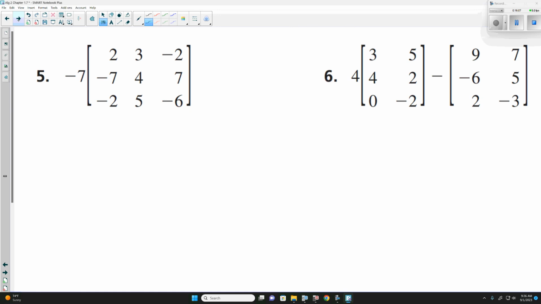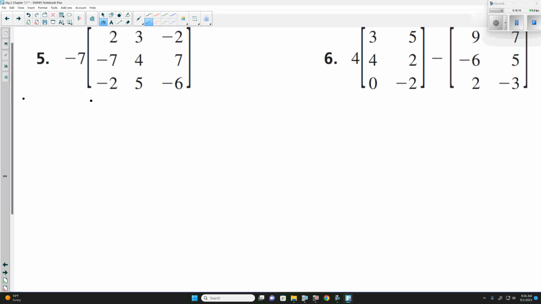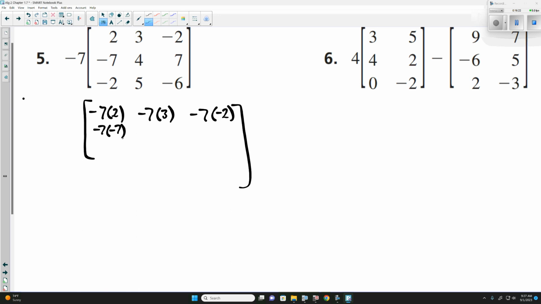So we're going to distribute and multiply this by negative 7. So we have negative 7 times 2, negative 7 times 3, negative 7 times negative 2, negative 7 times negative 7, negative 7 times 4, negative 7 times 7, negative 7 times 2, negative 7 times 5, and lastly negative 7 times negative.